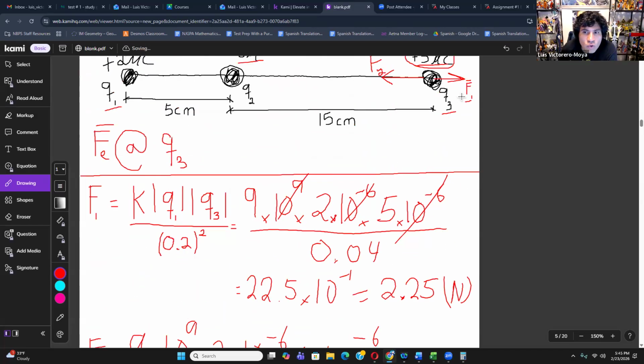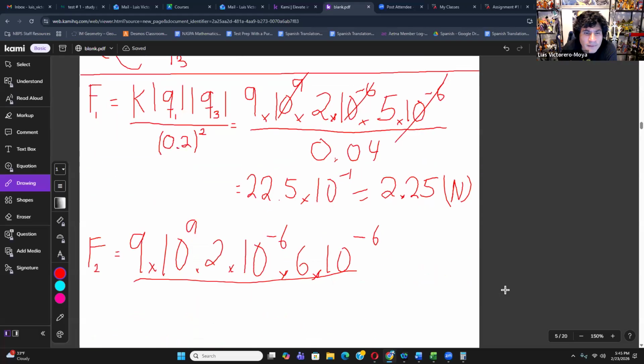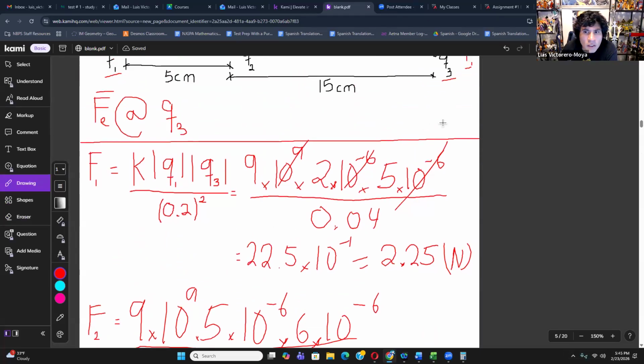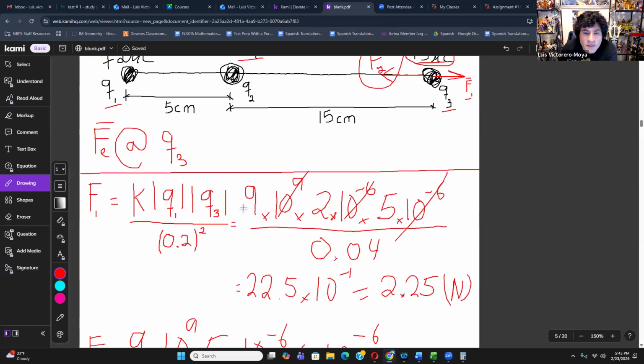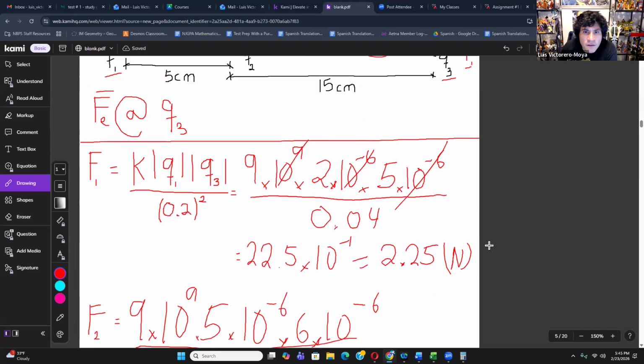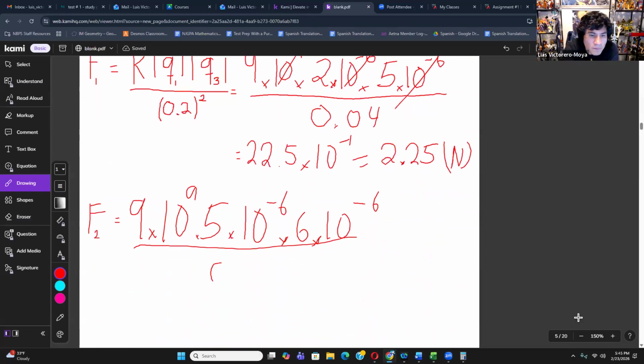What distance between Q2 and Q3? Oh, wait. My bad. This should be 5. So I'm looking at Q3 and Q2 for F2. So that and that, 5, 6, 5, 6, yeah. And then the distance is 15, so 0.15 squared.